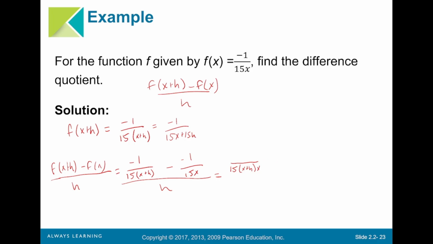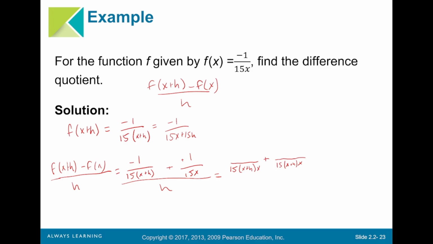And then, remember, this minus and negative becomes a plus. And then again, my denominator, to have a common denominator, is 15 times x plus h times x. That way, my first denominator essentially goes into the common denominator by just multiplying by x. And my second denominator goes into the common denominator by just multiplying by x plus h.